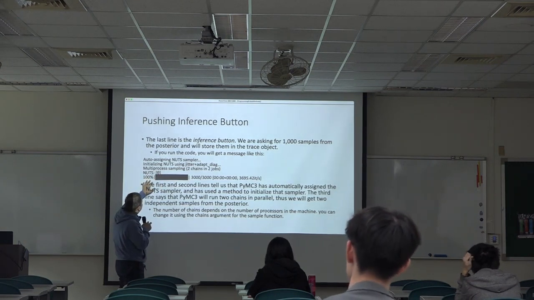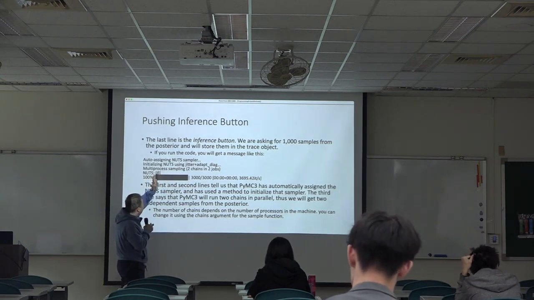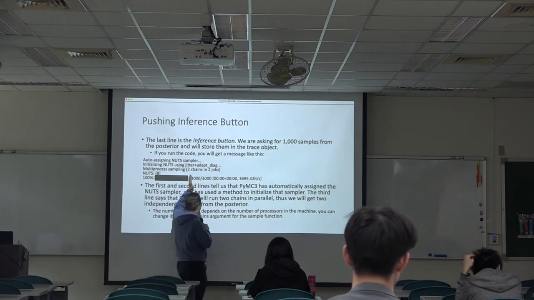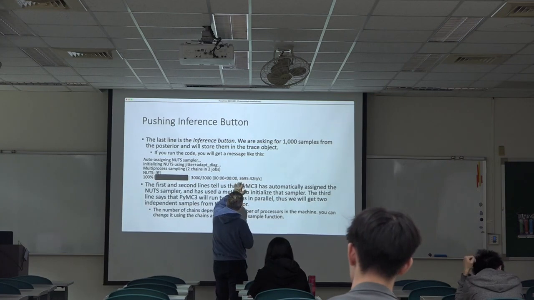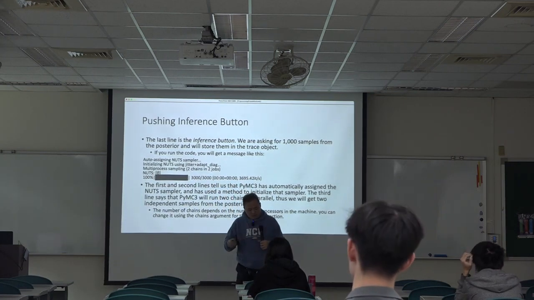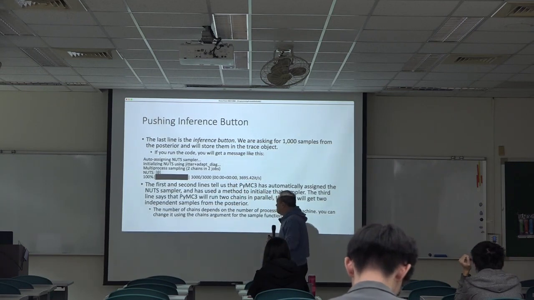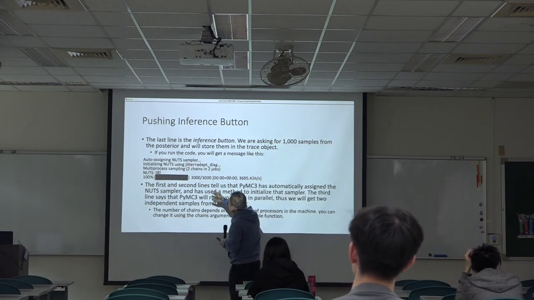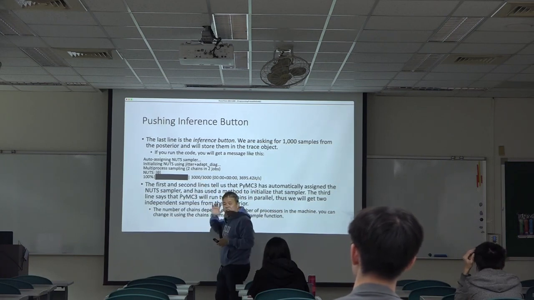Then you will see this bar running from 0% to 100%. It should be very, very fast. Nowadays CPUs are quick. But one thing you may wonder is that it says 3,000 over 3,000. What does that mean?